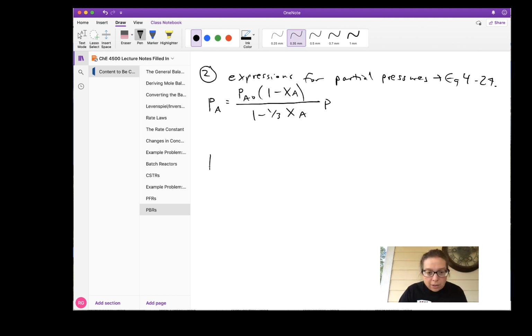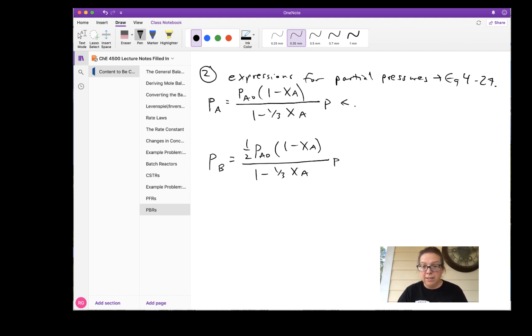And so I could do the same thing for PB, 1/2 PA naught, 1 minus XA, divided by 1 minus 1/3 x, times lowercase p.